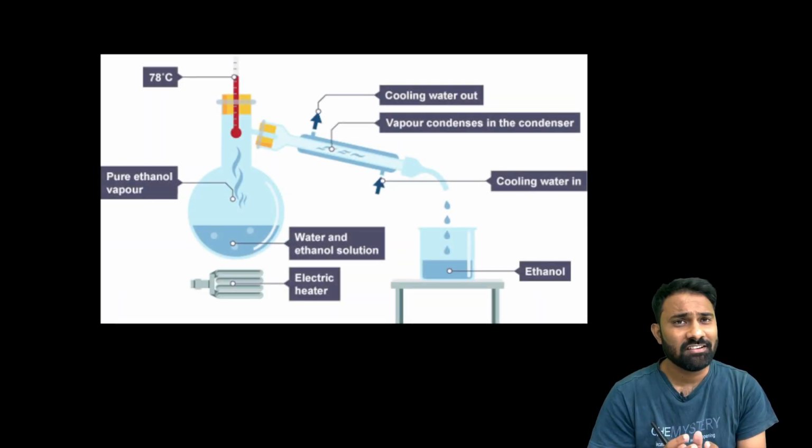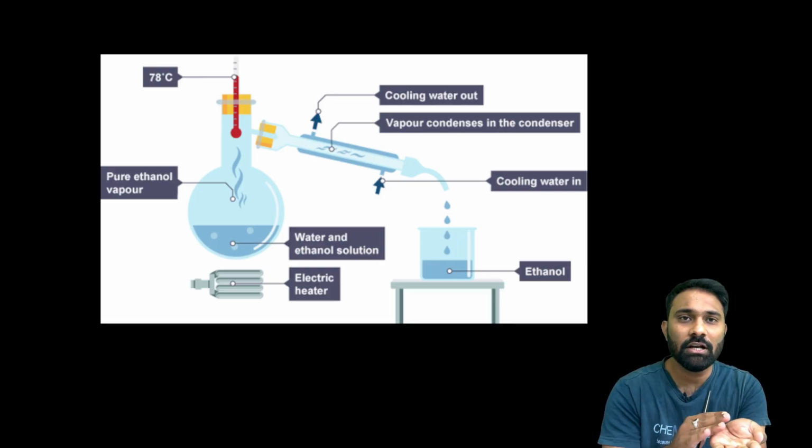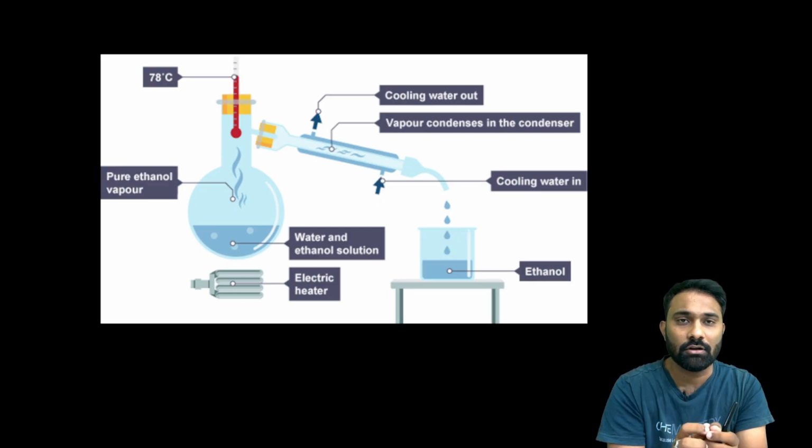Hello my dear friends, in this lecture we are going to deal with one very important concept, that is azeotropic mixture. What are azeotropic mixtures, sir? Okay, generally I will say you the best example for it. If you take H2O, what is the boiling temperature of H2O? 100 degrees. If you take ethanol, that is alcohol, what is the ethanol boiling temperature? It is 78 degrees. If you add both alcohol and water, what will happen?